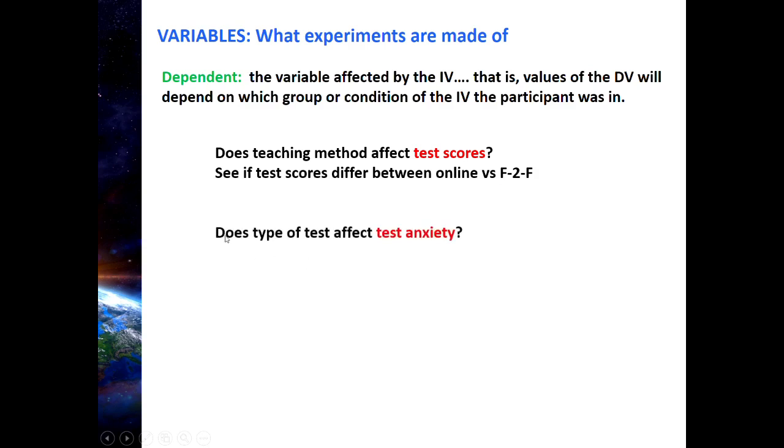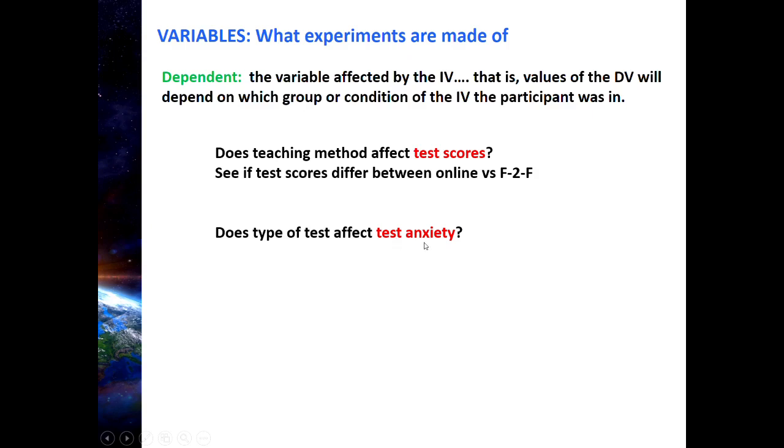Okay. How about this one? Does type of test affect test anxiety? So remember, type of test was the independent variable because we thought, well, it's going to affect something. What is it that we think it's going to affect? Well, what about test anxiety? We can say that's a dependent variable. Could be many things. We could say test scores as well.